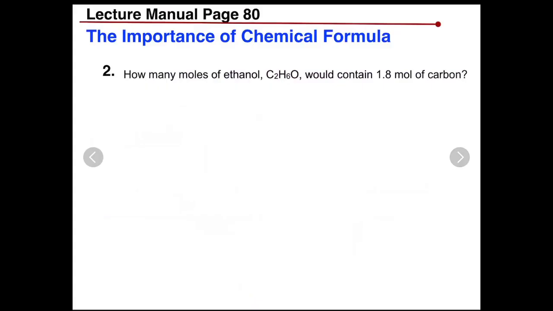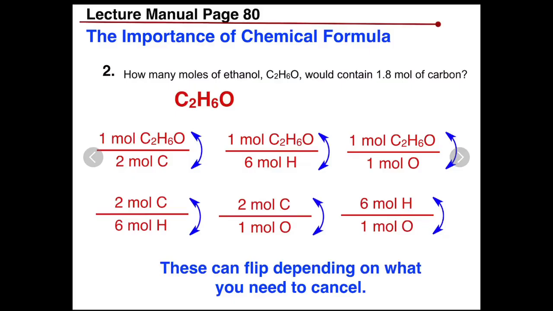All right, so let's take a look at an example of calculation here. If we want to know moles of ethanol that would contain 1.8 mole of carbon, what should we do, right? So pretty much start with what we know, so start with what is given. In this case, we are going to use the ratio that we know, and we start with this 1.8 mole of carbon that is given.